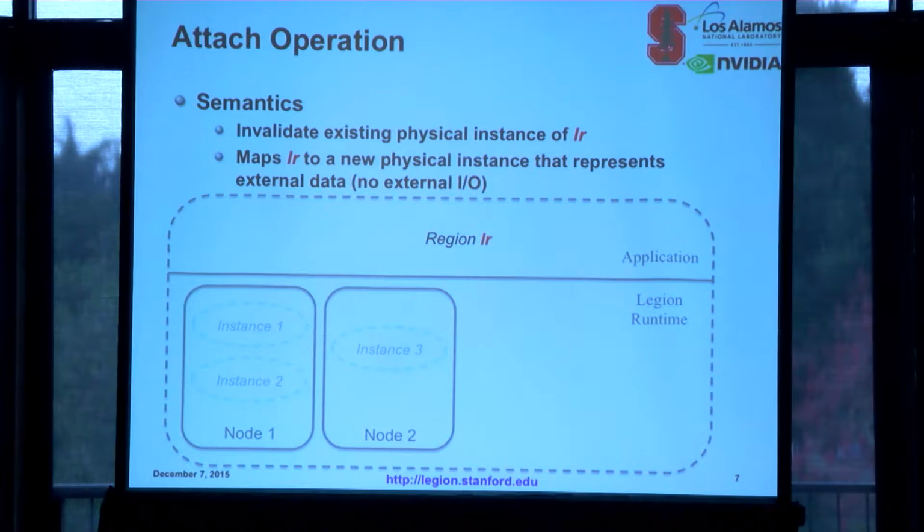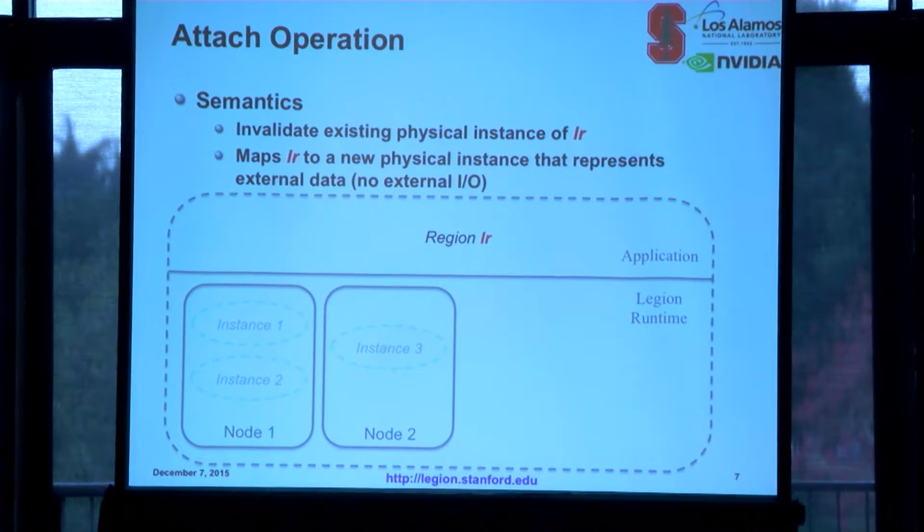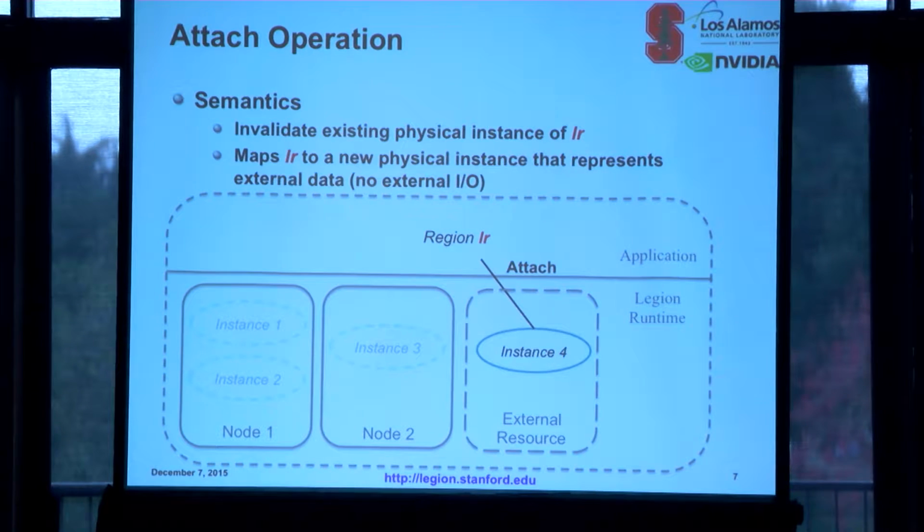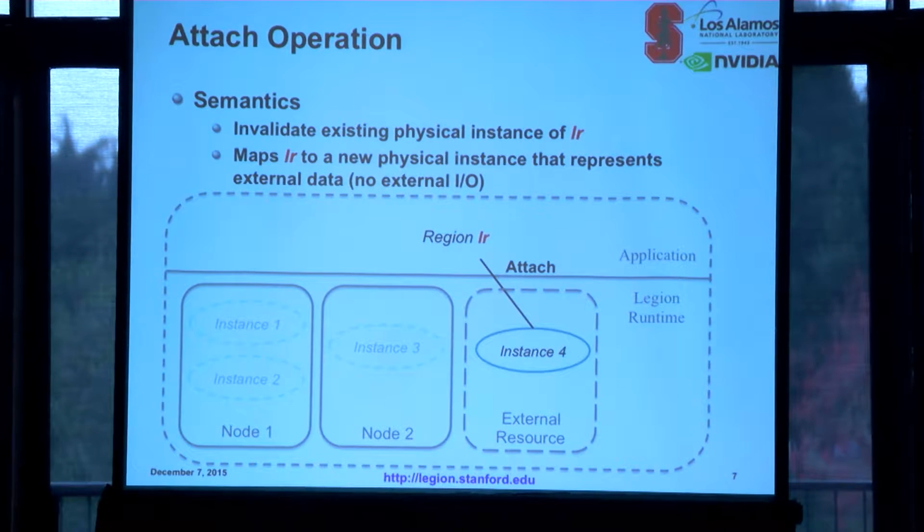So the attach operation will first invalidate the existing instances. In the second step, the attach operation will create a new instance inside the Legion runtime, and that represents the external data. It is worth noting that no external I/O happens with the attach operation. You just tell the Legion runtime that you have created a new physical instance for the external resource.